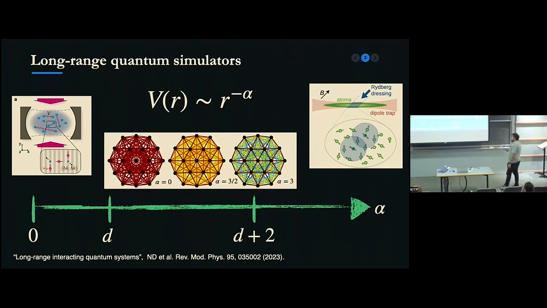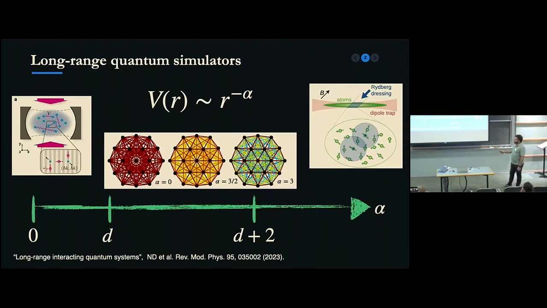So basically, there are these different regimes. If the system is ferromagnetic, so if it tends to build some kind of homogeneous order parameter, normally you have different regimes that occur if alpha is larger than the dimension d plus 2, or inside this regime that we call weak long range.